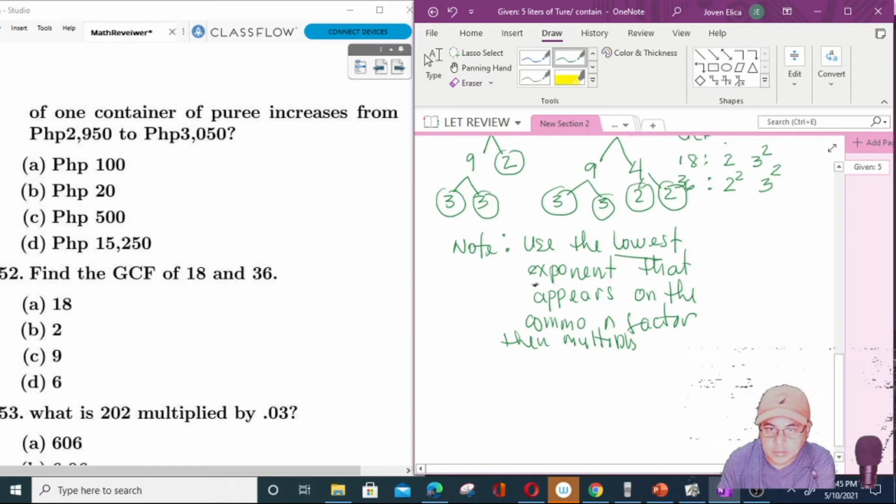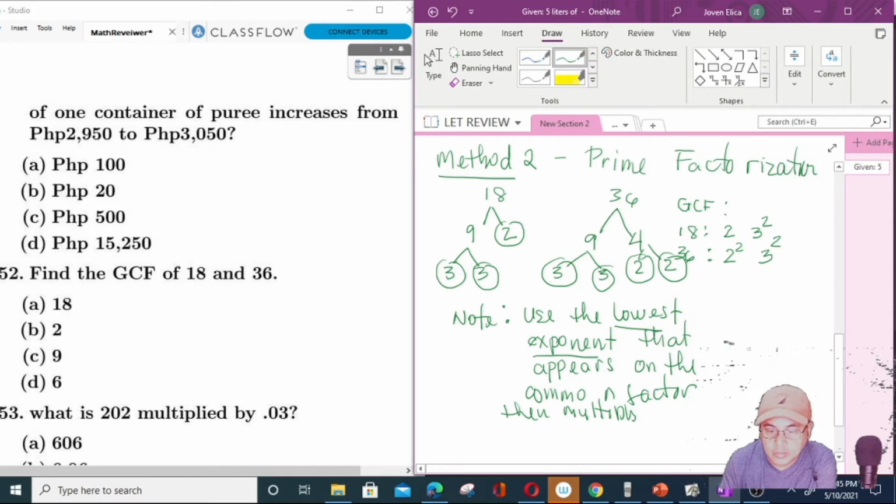Lowest common factor. So in this case, for 18, to get the GCF, the lowest exponent is 2. 2 actually has a 1 as an exponent, so this is the lowest exponent, so we need to consider that one.